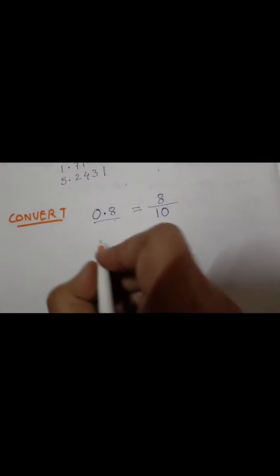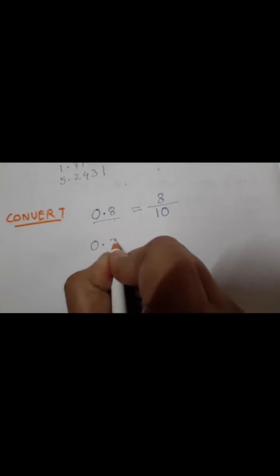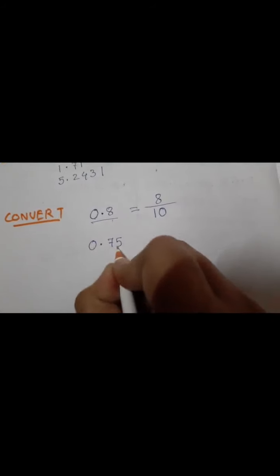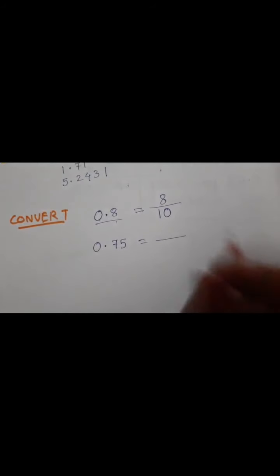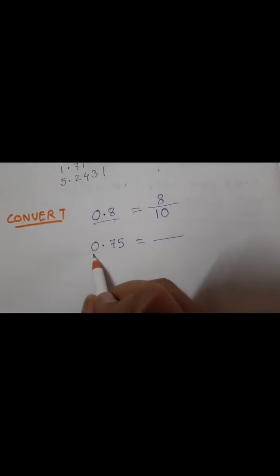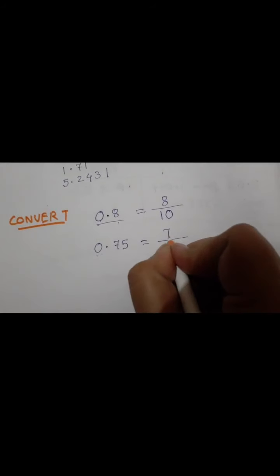We can give one more example. Suppose it is 0.75. So now students, again we can see 0 is in the whole number, and in the decimal part 75 is present.